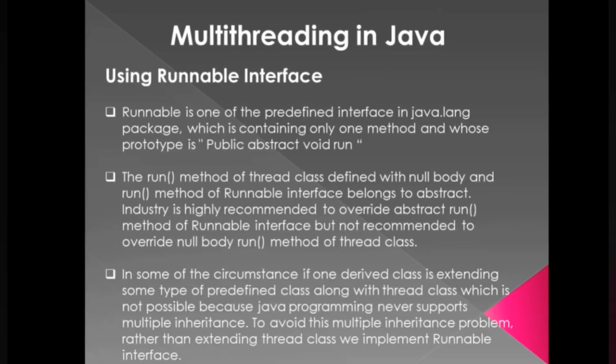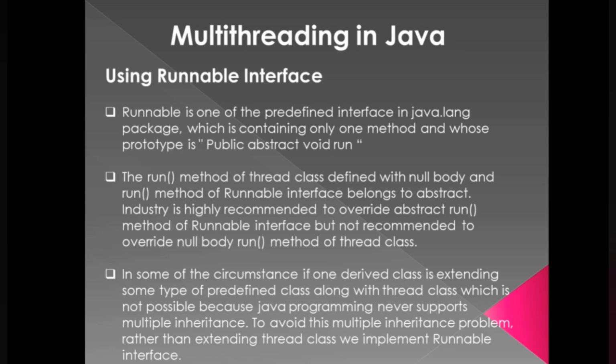So let's discuss the second type of creating a thread in Java. Here this is using the Runnable interface. Runnable is one of the predefined interfaces in the java.lang package, which contains only one method whose prototype is public abstract void run().